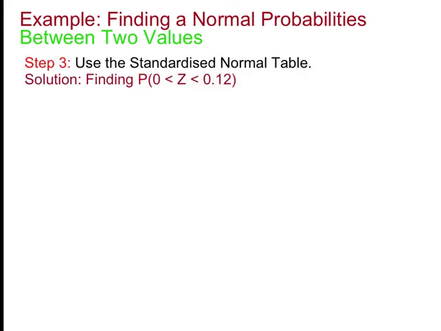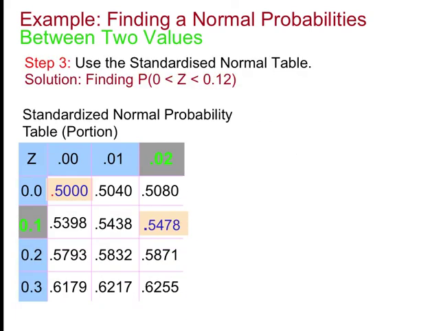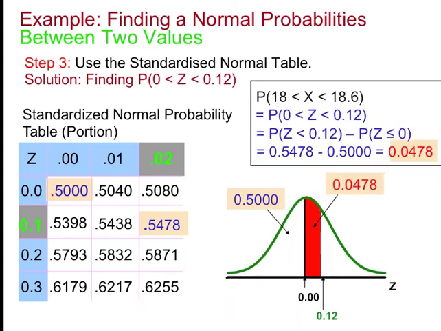Lastly, we use the normal table to extract the area for these two values. The probability that z lies between 0 and 0.12 is the difference between the areas corresponding to the two values.